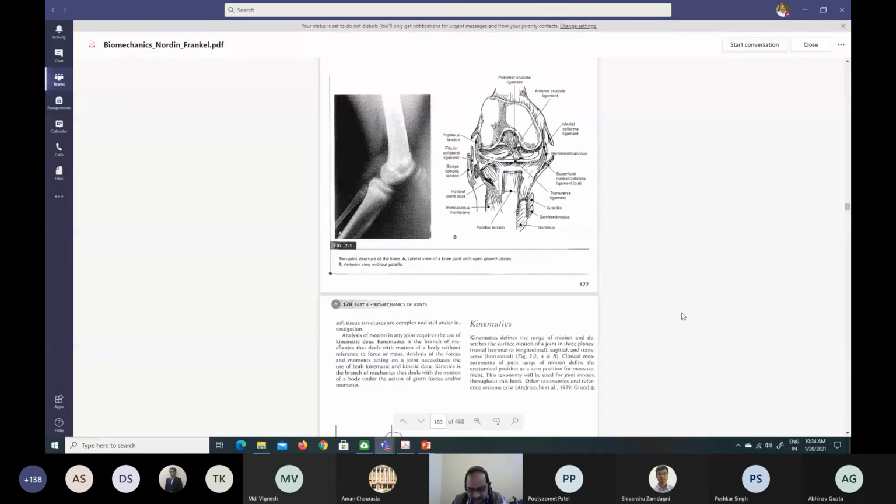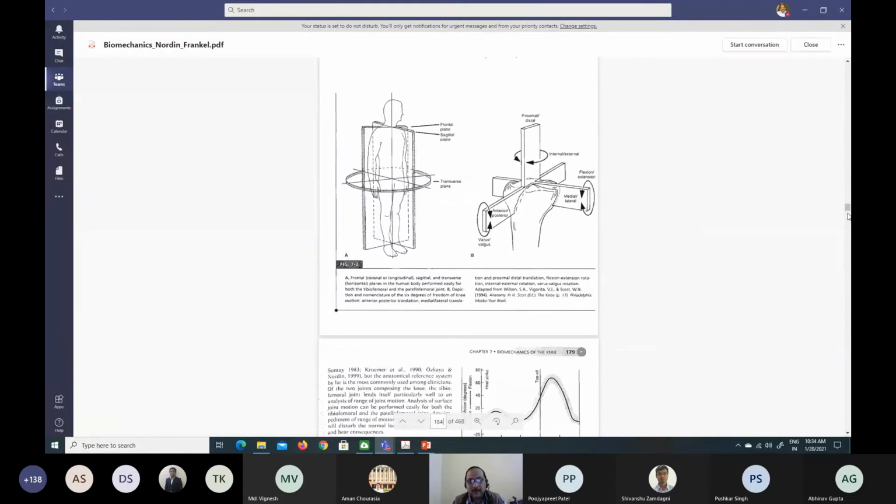So if I try to define the movements about the different axes, primarily for describing motions in the knee joint, we describe the motions about two planes. One is the frontal plane.